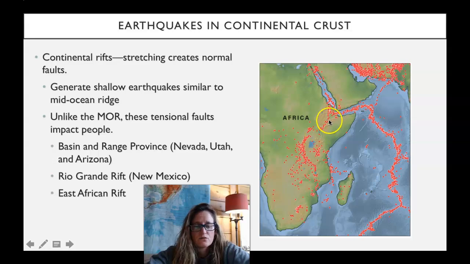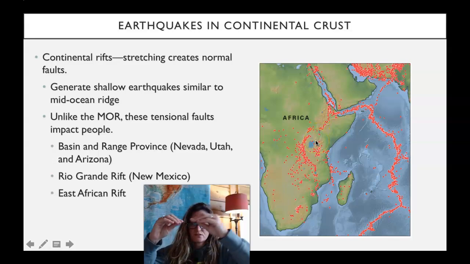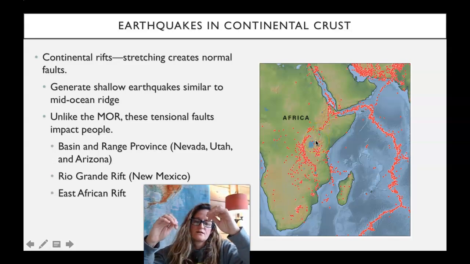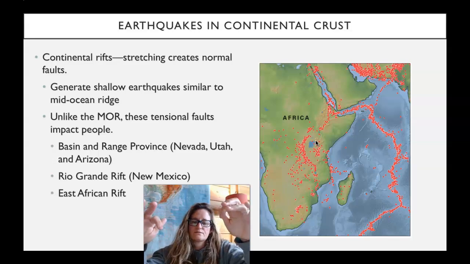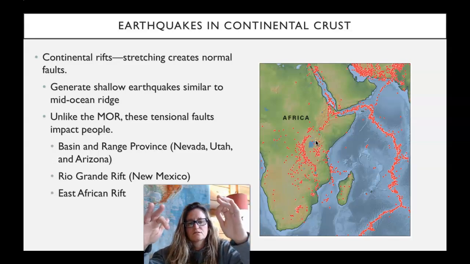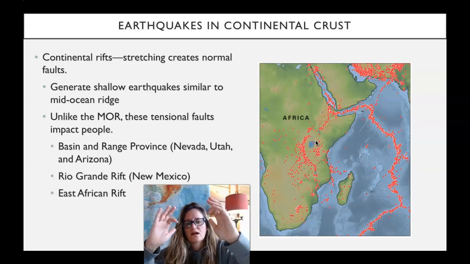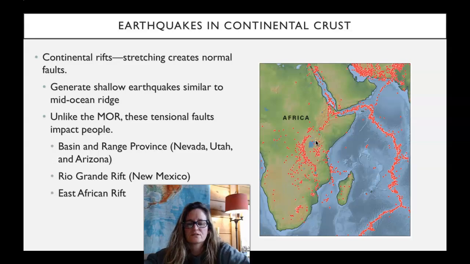Maybe seawater will flood this part of Africa, but there are faults there because of the extension, and so lots of little divergent motion or extension there, lots of little faults that have earthquakes along them all throughout that part of Africa. So this is the East African Rift Zone.